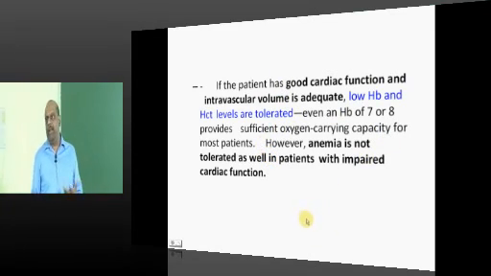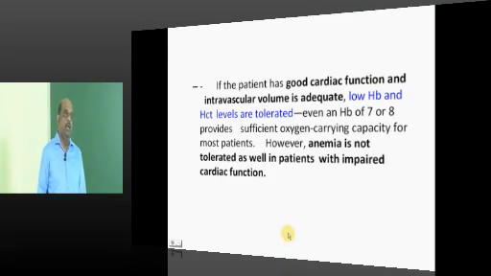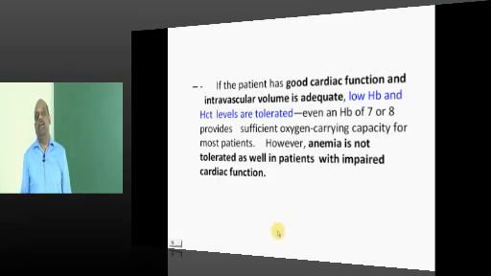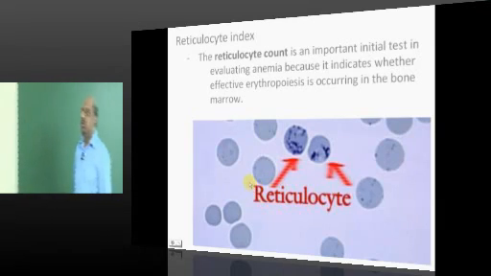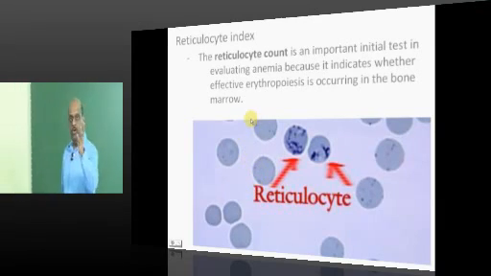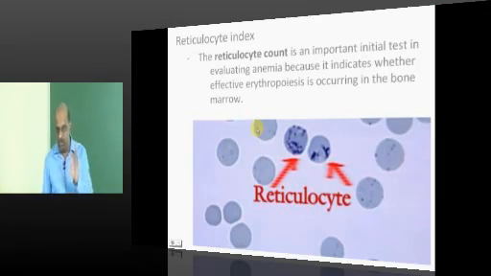But if he has an impaired cardiac function like a coronary artery disease patient, even a milder anemia can lead to significant decompensation of the heart, is what you need to remember. So that is the rule of 3, hemoglobin, hematocrit, RBC number, which you should not forget.